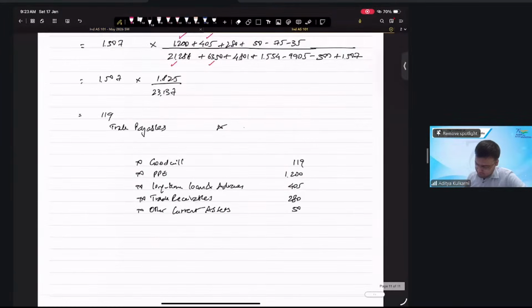Current provisions, 35. If you do the addition, 1944.